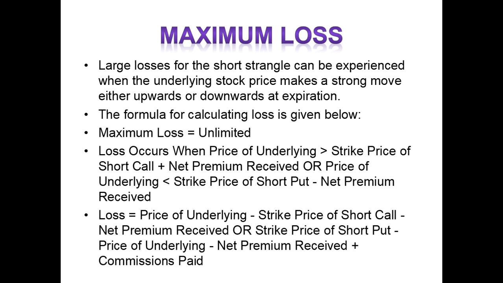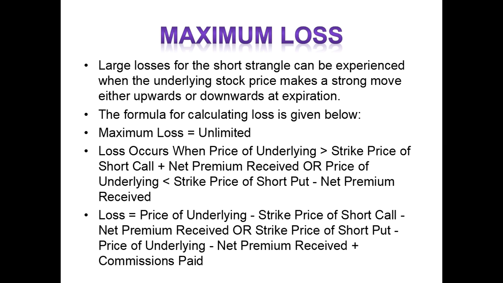However, let's also look at the maximum loss that can happen. Large losses for the short strangle can be experienced when the underlying stock price makes a strong move either upwards or downwards at expiration. The maximum loss is unlimited. Loss occurs when the price of the underlying is greater than the strike price of the short call plus the net premium received, or when the price of the underlying is lesser than the strike price of the short put minus the net premium received.